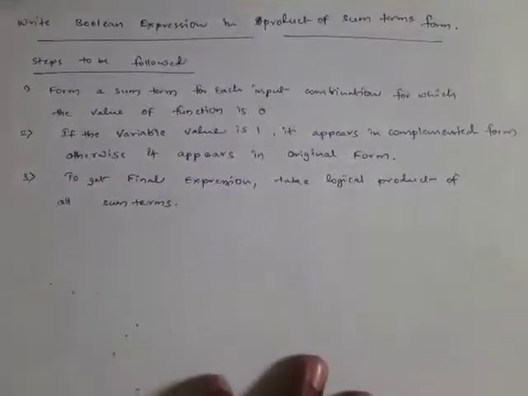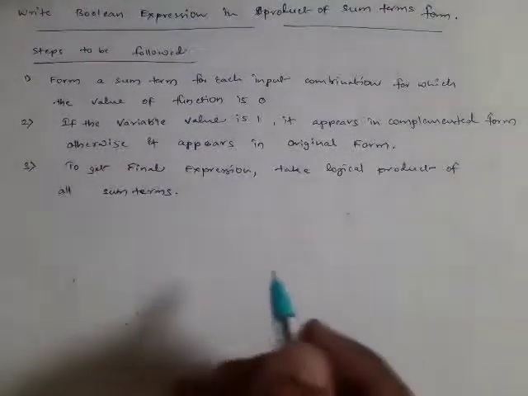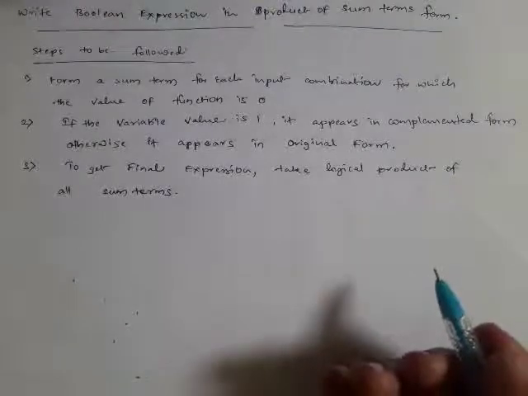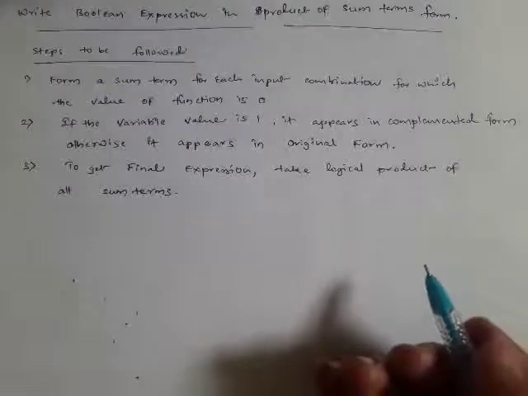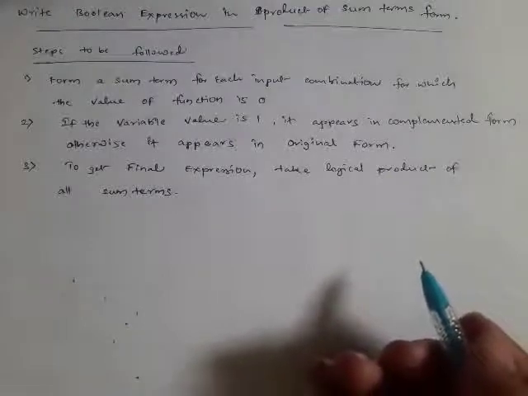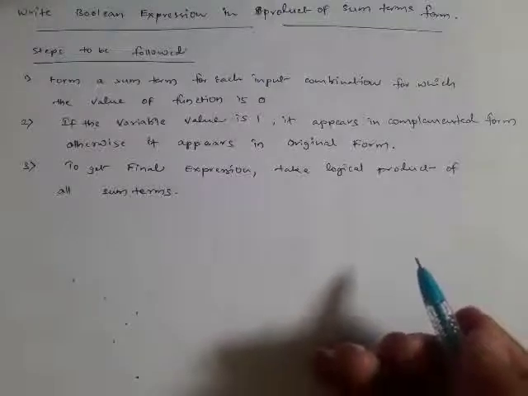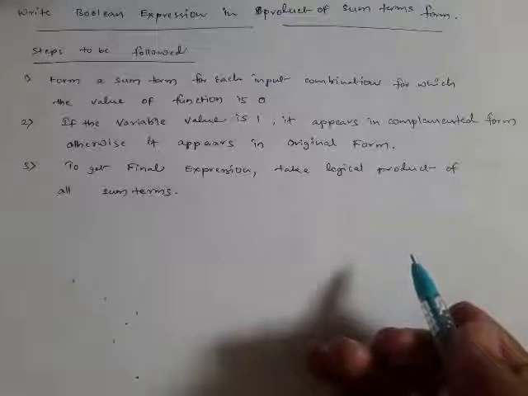So this is the procedure. We will form a sum term for each input combination for which the value of the function is 0, and while writing the sum terms we take the variable in its original form if its value is 0, otherwise we take its complement and write its complemented form.